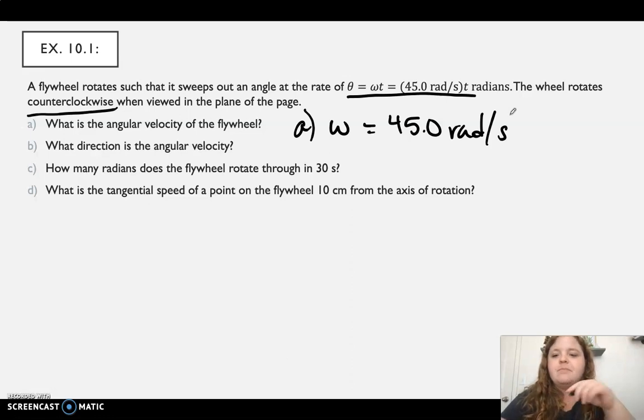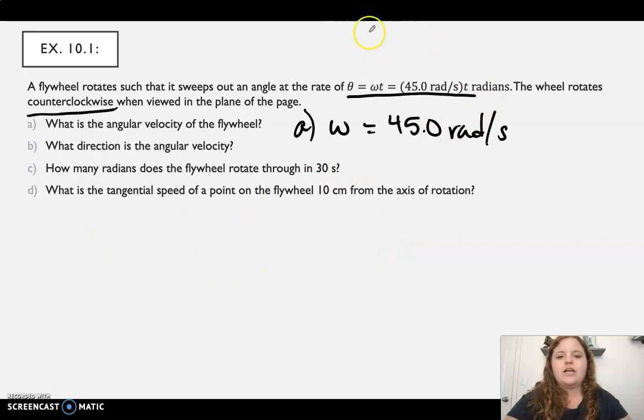Now we want to know what is the direction of the angular velocity. The wheel rotates counterclockwise when viewed out of the page. So we're going to pretend that the computer screen is our page, and that's the plane. It rotates counterclockwise.